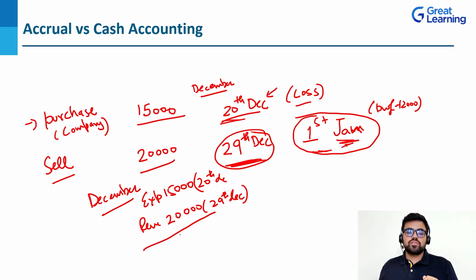The profit you would earn is revenue minus expense, so subtracting expense from revenue gives 5,000 rupees. This would be the profit in the December account. This gives a good and accurate picture of how the company is doing in that particular month, right? That is why accrual based accounting is preferred over cash based accounting.